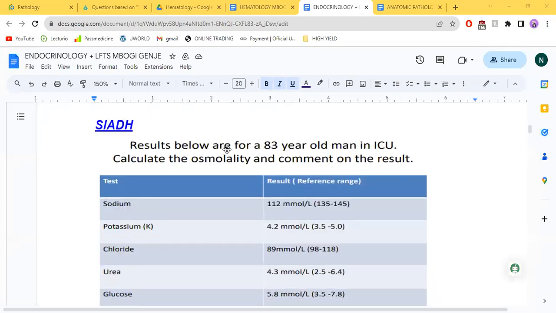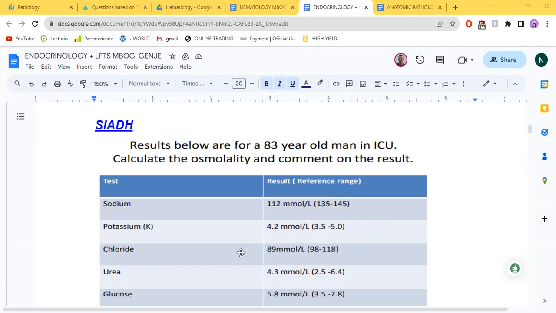So the results below are for an 83-year-old man in ICU. Calculate the osmolality and comment on the results. Sodium. So you guys tell me. Sodium is low.